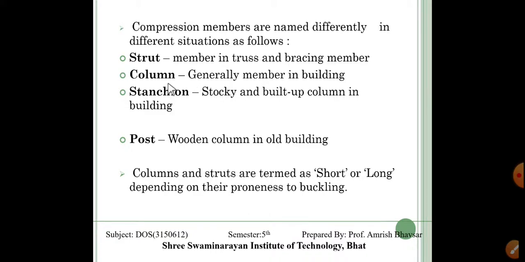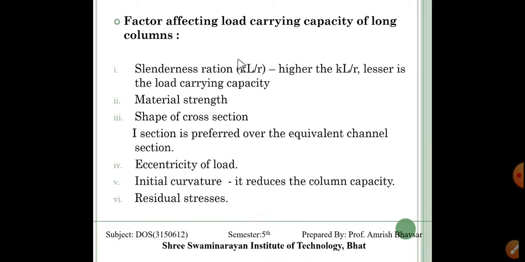Generally, column and struts are identified in our structure. Column and struts are termed as a short column and long column depending upon their position of buckling. So which are the factors affecting the load carrying capacity of long column?